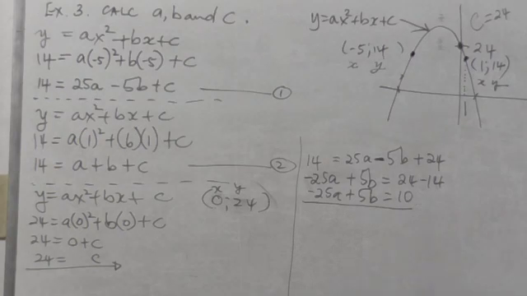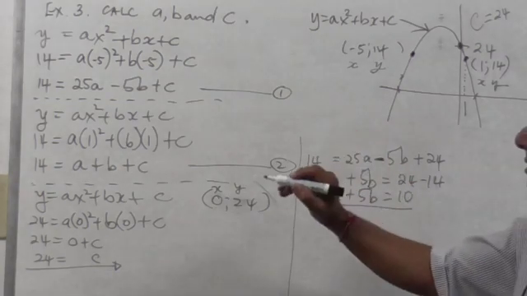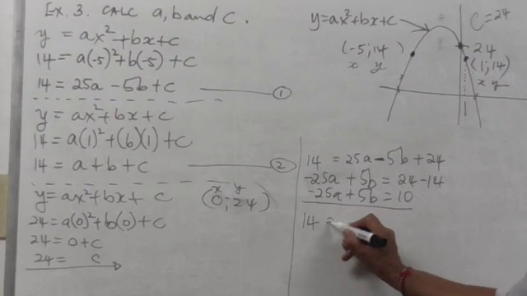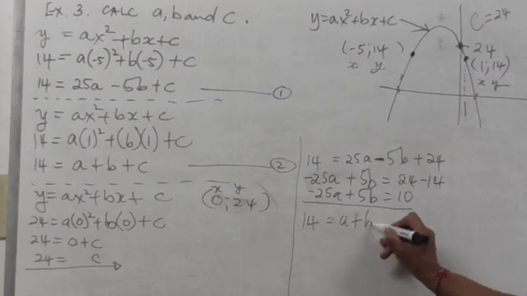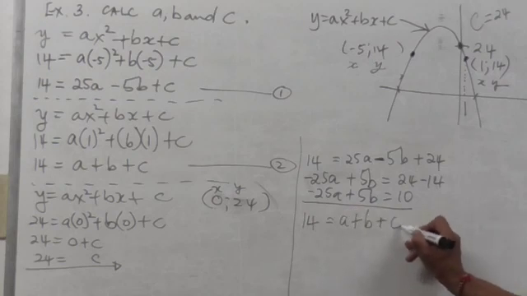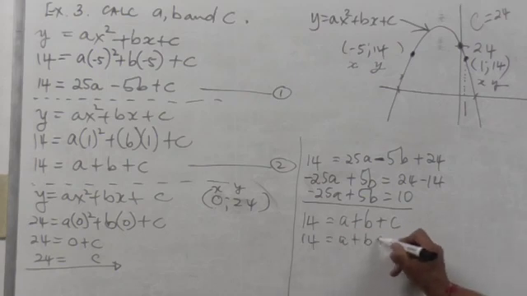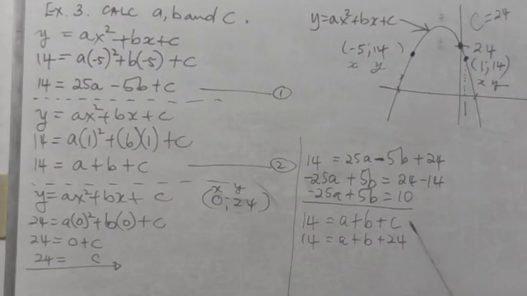So you got an equation in 2 unknowns. Right. And then you're going to take this one. 14 is equal to a plus b plus c. 14 is equal to a plus b plus 24 because c is 24.